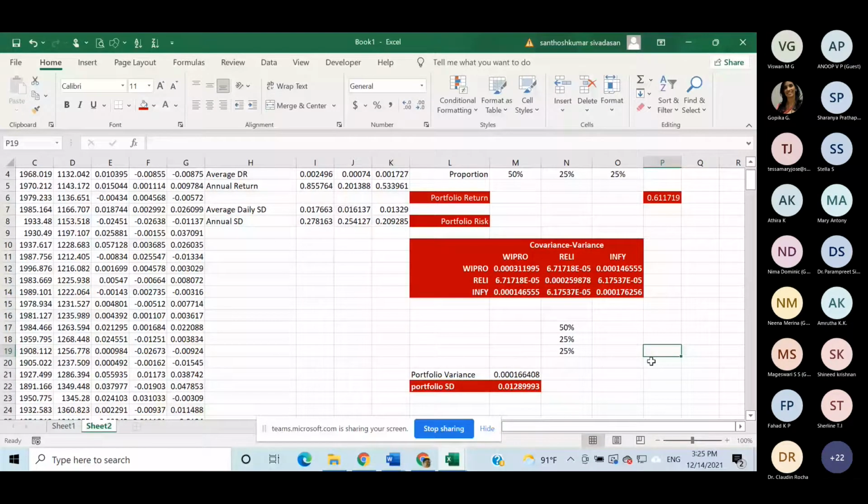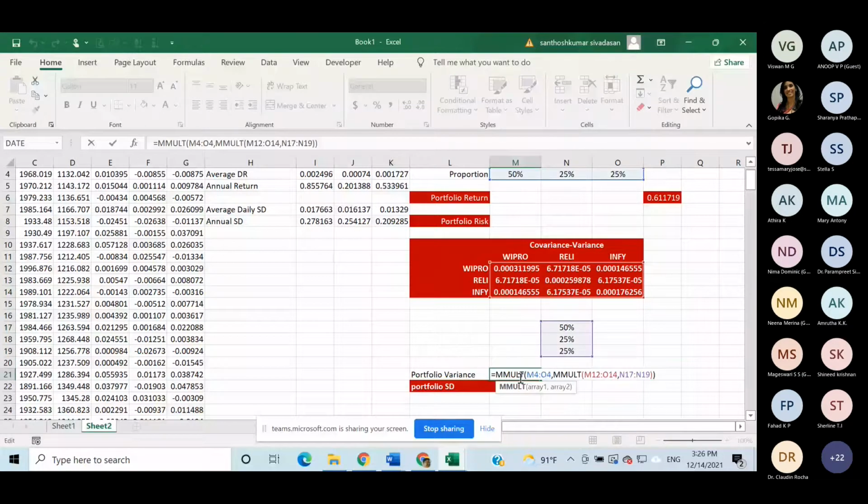After finding the portfolio return, you have to go for portfolio risk computation. For that, first of all, you have to make a variance covariance matrix. It is simple to make. Then just multiply. You can find the portfolio variance using matrix multiplication.